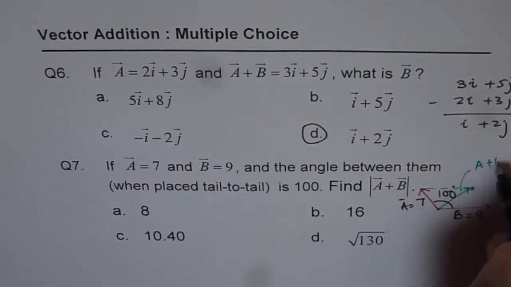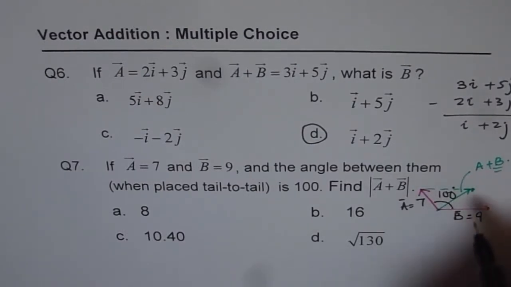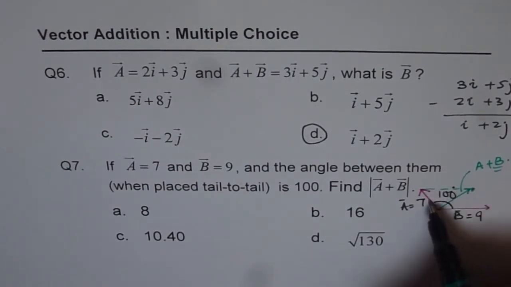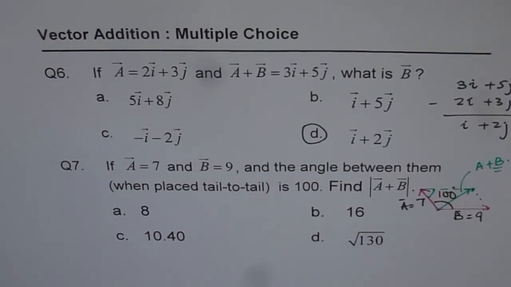That is A plus B. Now in this particular case, if this angle between them is 100, then the angle will be 180 minus 100, right? So that is the key, and that is the place where sometimes mistakes happen.